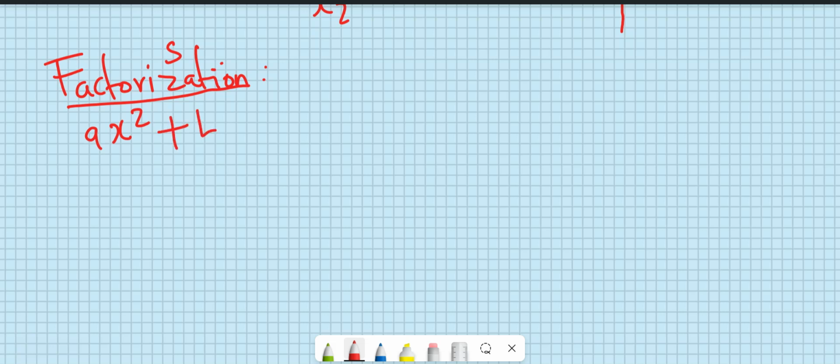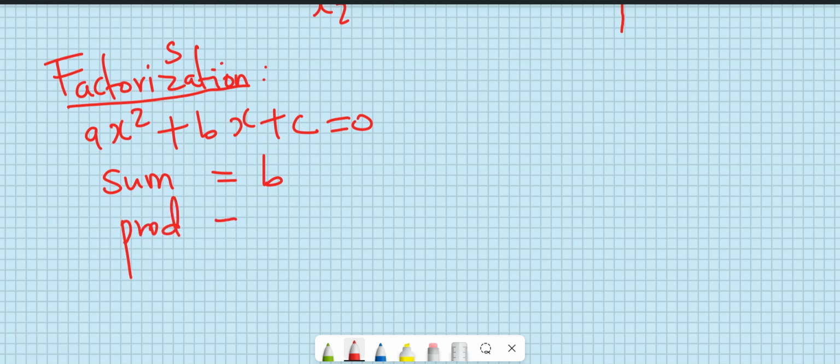When given such an equation, factorization states that you need to find two numbers whose sum is b, and whose product is a times c. Sometimes they're very easy to find, very straightforward, but sometimes they're very hard to find. So you need to be fast, as sometimes you also need to simplify the equation to get the numbers. Sometimes we just need to find them directly.